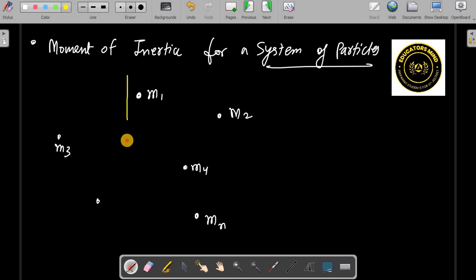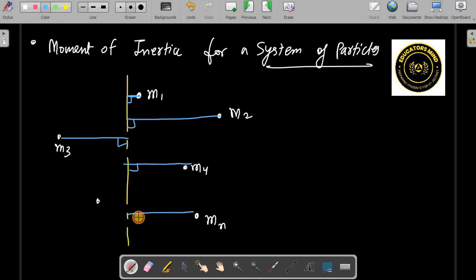There is an axis about which these particles are rotating, and the distances from the axis are different, of course: r1, r2, r3, r4, r5, like that, rn.